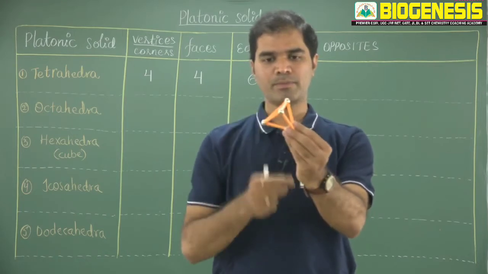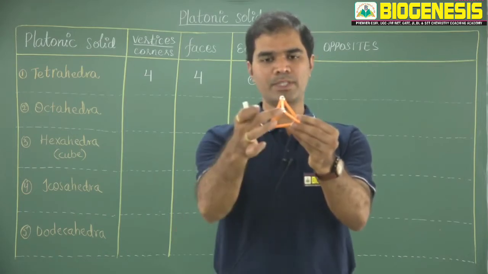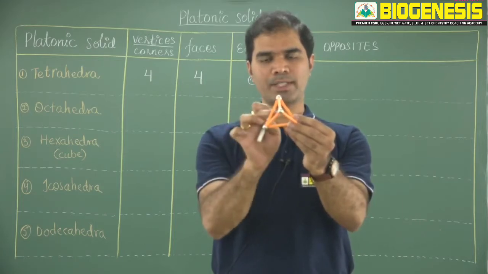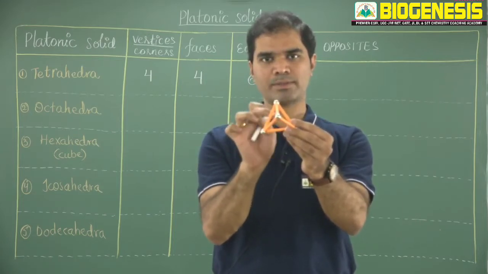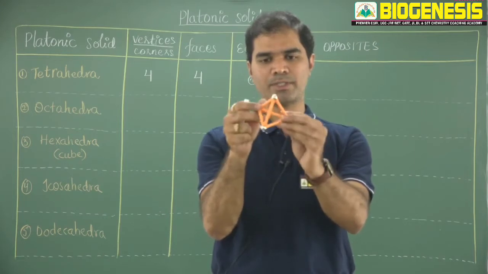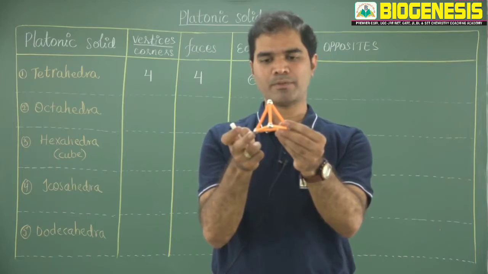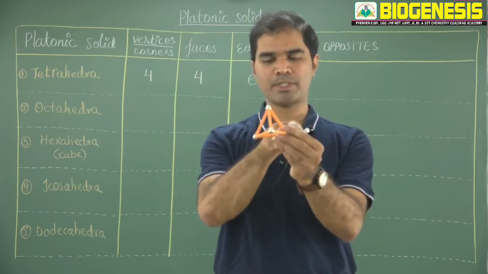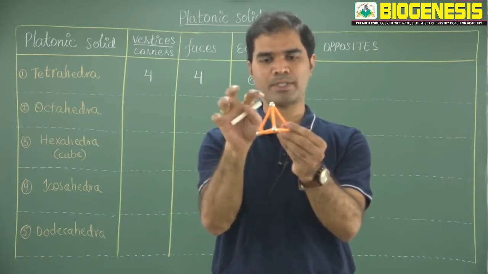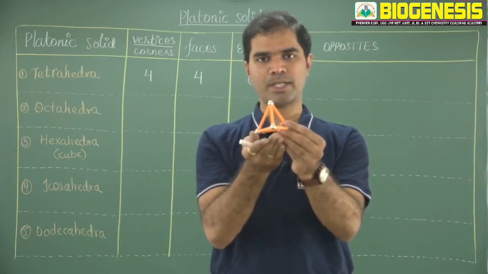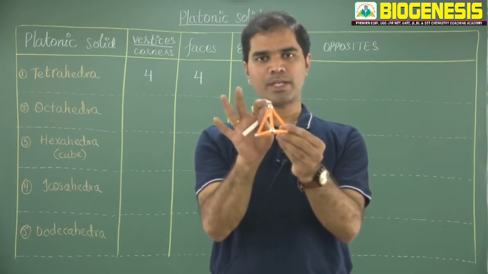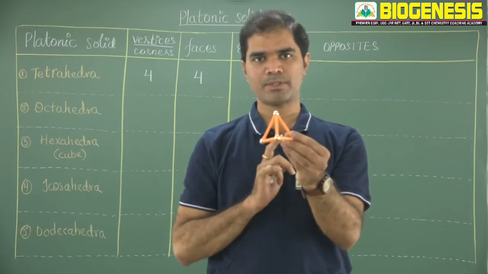Now you can see from this end also, if this is the vertex pointing towards you, exactly opposite is a triangular face, the center of a triangular face. So you may choose any vertex, opposite will be a triangular face. For this vertex, opposite triangular face. For this vertex, opposite triangular face. For the above vertex, below triangular face. So for every vertex, opposite is a triangular face.